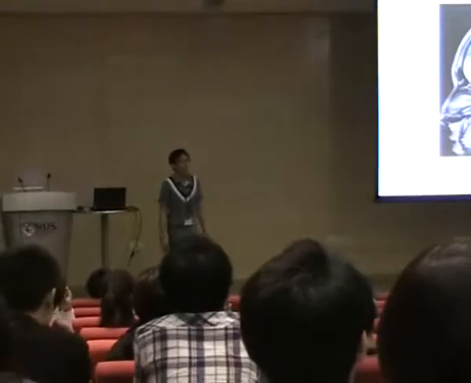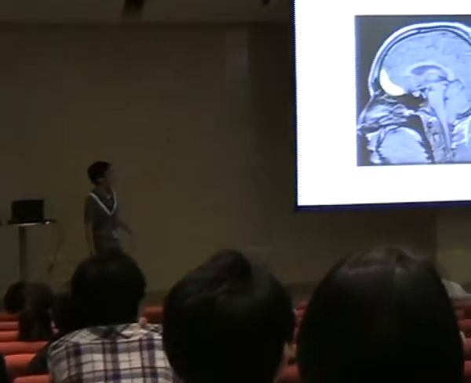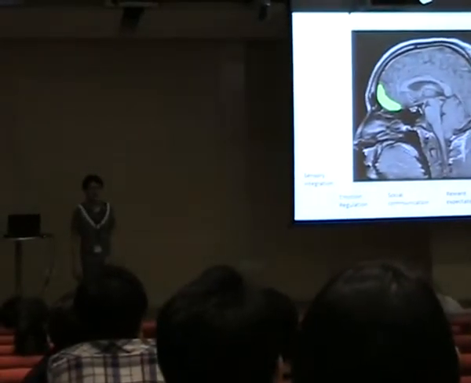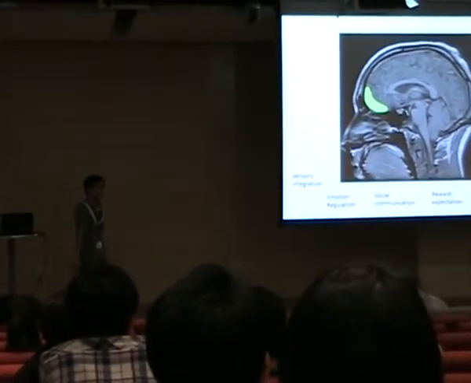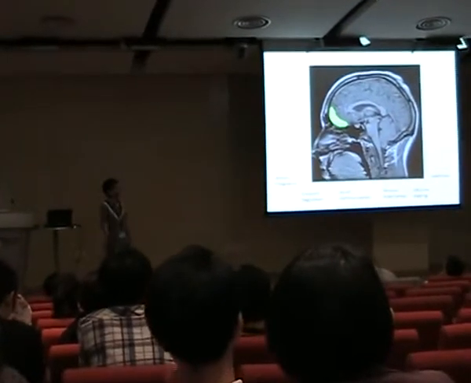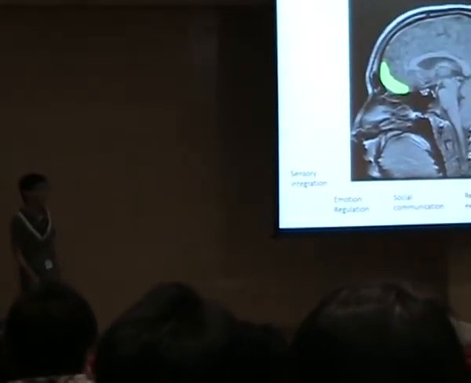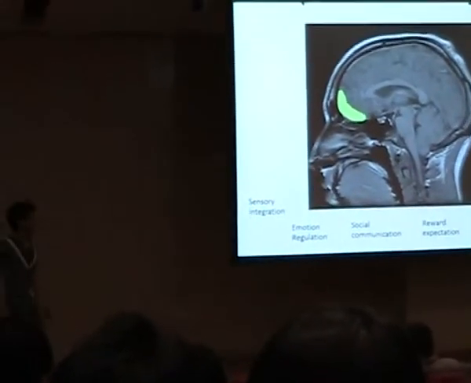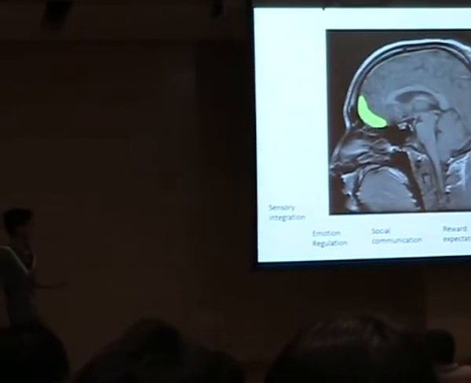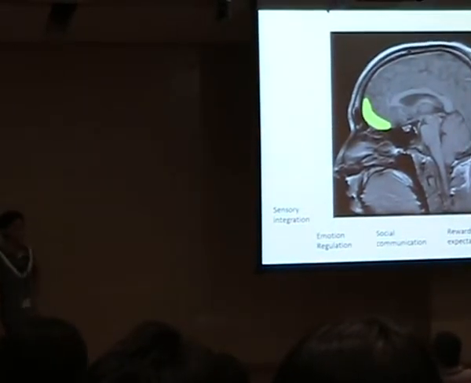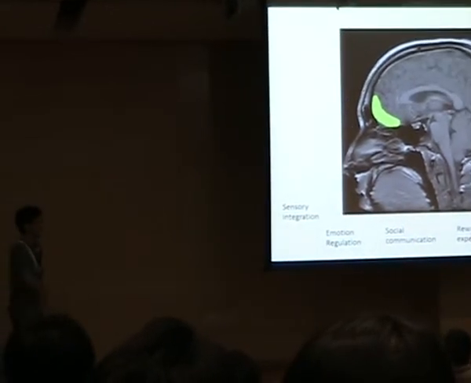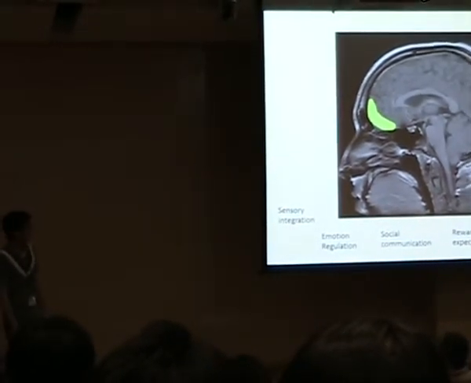The impact of this loss of information becomes clear when one looks at what neuroimaging studies can tell us. So you have here an area of the brain called the orbital frontal cortex. It lies just behind the eyes, and it has been shown to be implicated in many things such as the integration of different things like vision and audition, or regulating emotion, understanding social cues, computing the value of rewards, and complex decision making.